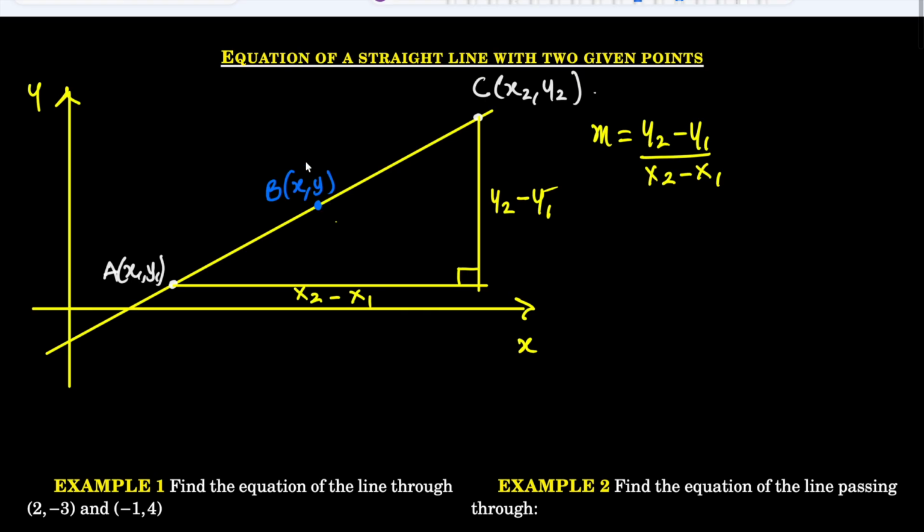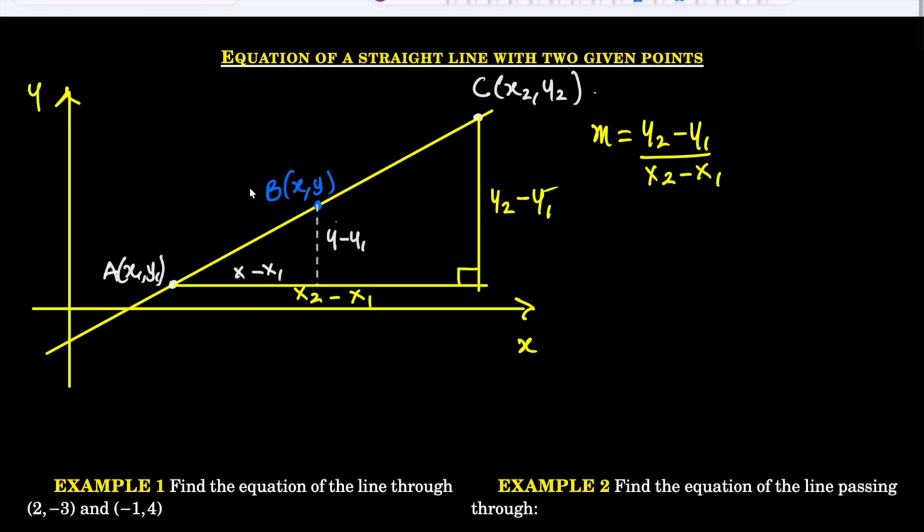Now we have been able to take the two extreme points, that is point A and point C. Now let's look at the other point here in the middle. For this middle point, I'm going to pick this middle point along with point A here. So here, since it is not y2, here we have y2 minus y1, right? Here is just y. So you're going to be having y minus y1, since we are picking it along with this one, and this is going to be x minus x1.